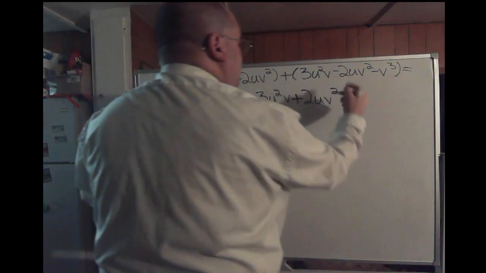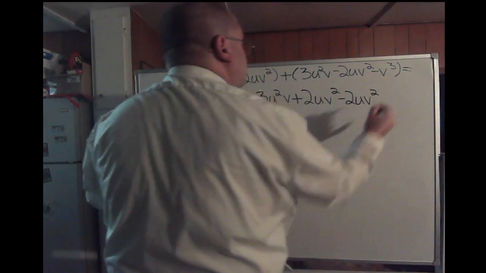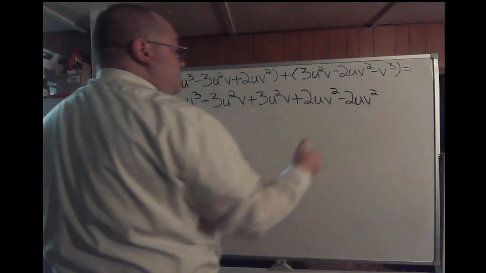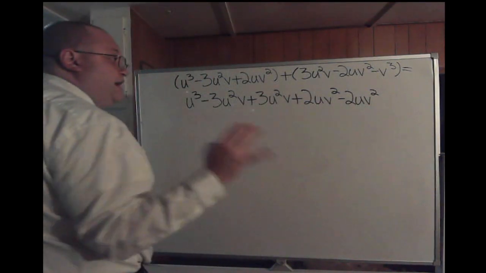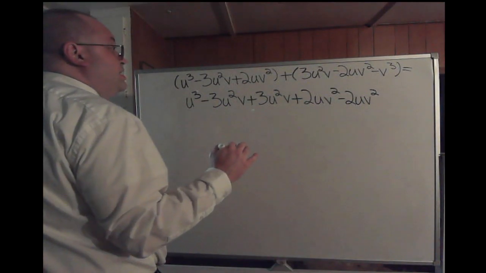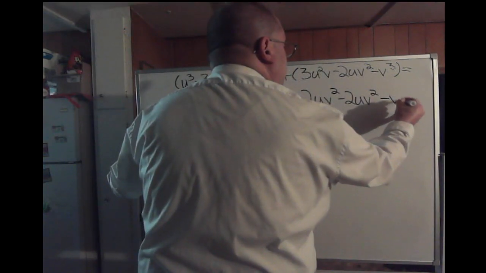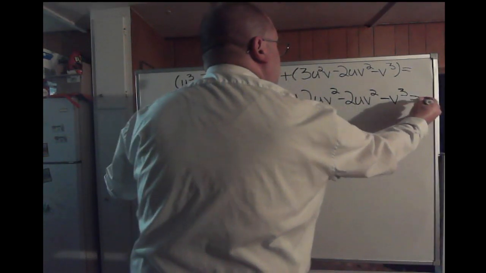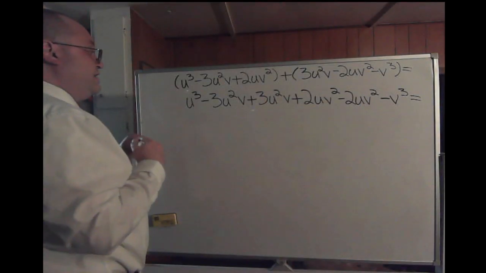Then you have the minus 2uv squared. That's the same. They're like terms because the u and the v both have the exact same power. They have to have the exact same power. Alright, we've done those. All that's left is minus v cubed, and I don't see any other v cubed terms. I see no others. So now we're going to go ahead and simplify this.